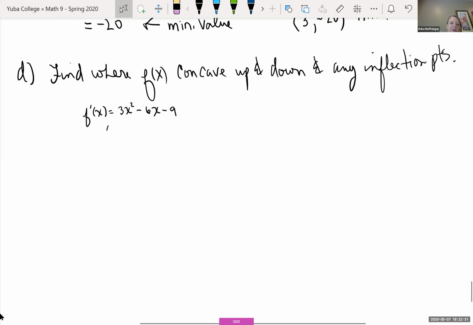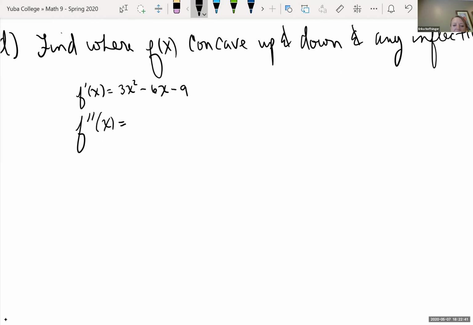Okay, so our second derivative is equal to derivative of 3x squared is 6x minus the derivative of 6x is just 6 and the derivative of -9 is 0. So we're looking at when f double prime of x is equal to 0. So when is 6x minus 6 equal to 0. It's a linear equation, isolate your variable. So 6x equals 6. Get x by itself, divide by 6, you get x equals 1.